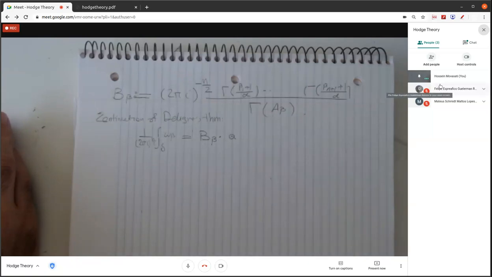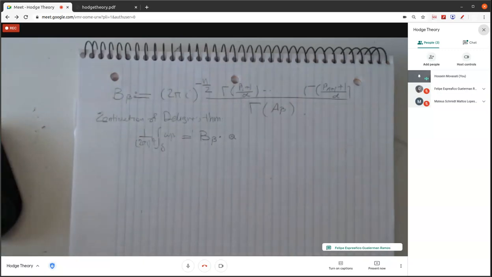Bom, deixa eu ver. Ok, eu vou continuar depois.